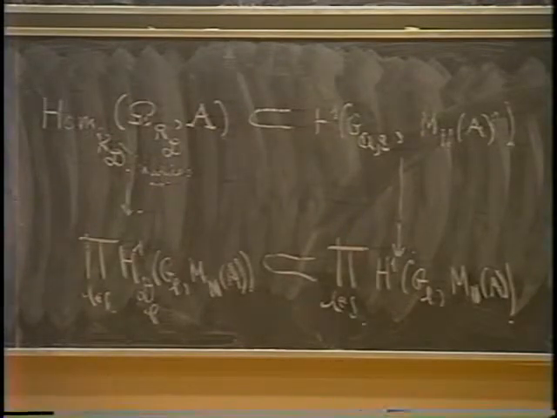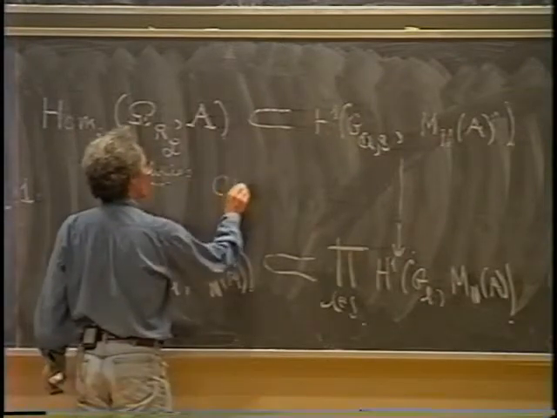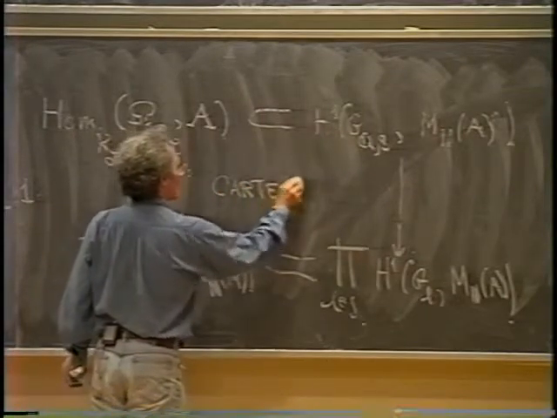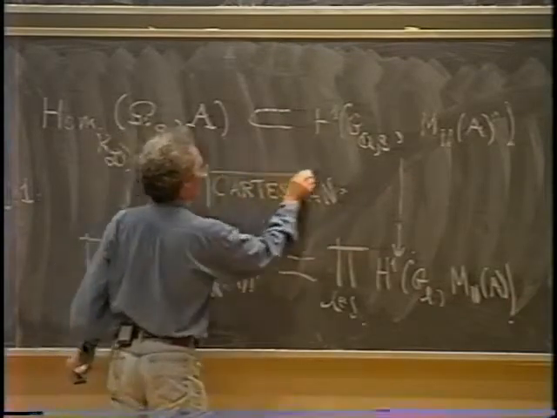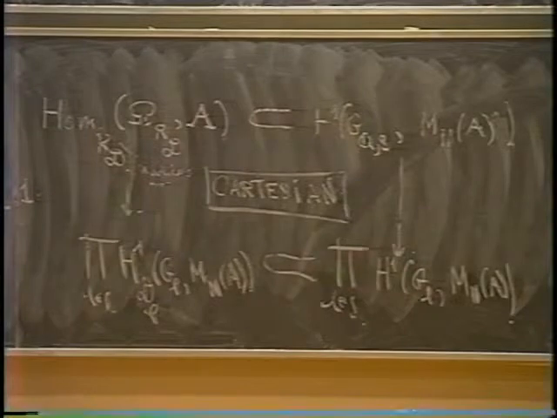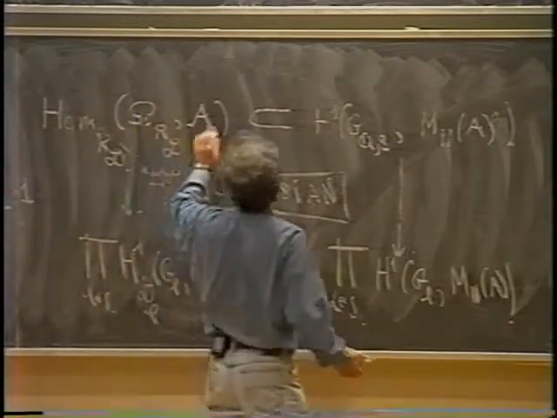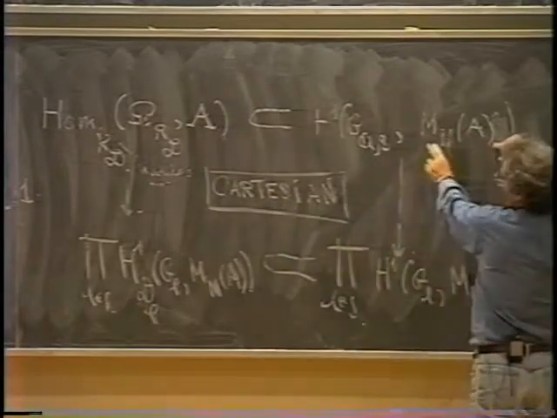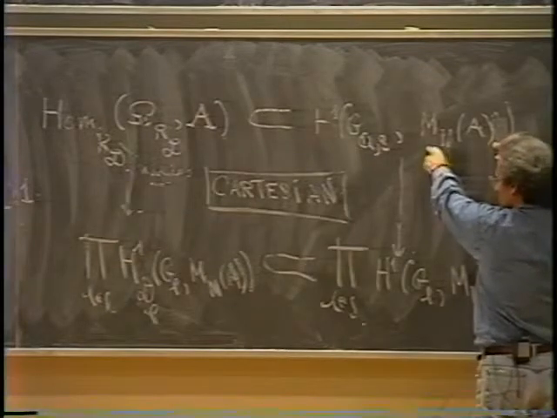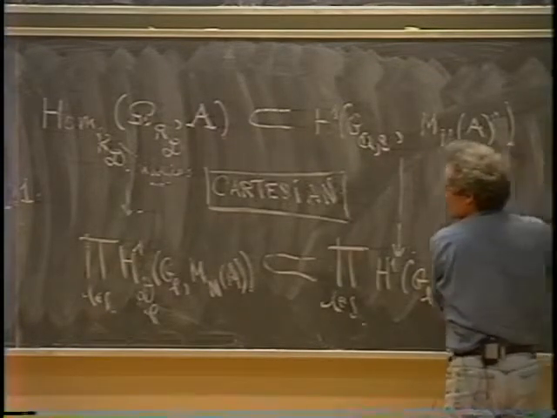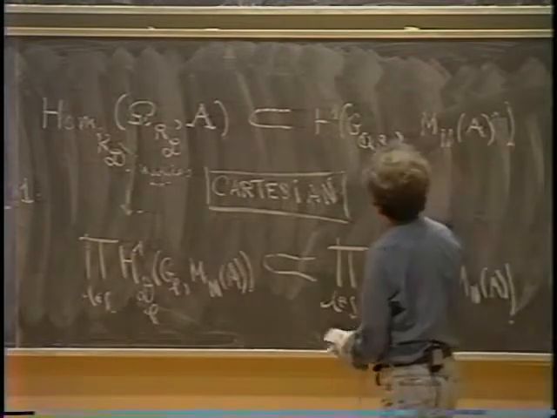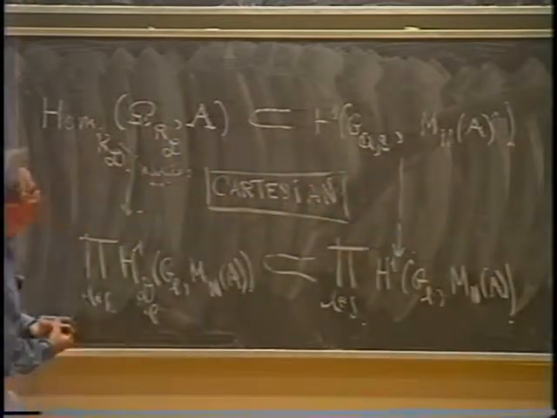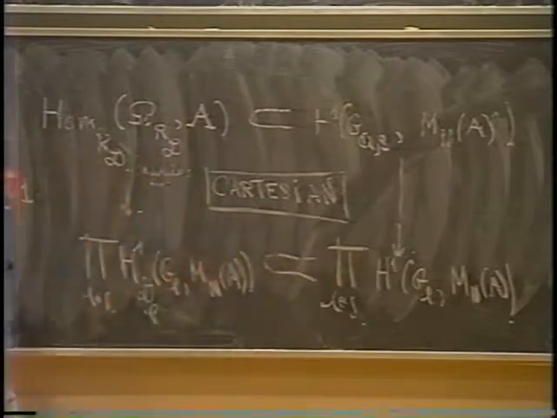There would be three versions if I have the time, but I might not get to labeling all three. It is that this is Cartesian as a diagram, meaning that to produce a homomorphism of omega R_D to A, you need only consider a global cohomology class which, when restricted to each of the local cohomologies obtained by replacing G_{Q,S} by the appropriate decomposition group, lies in the selected subspace.